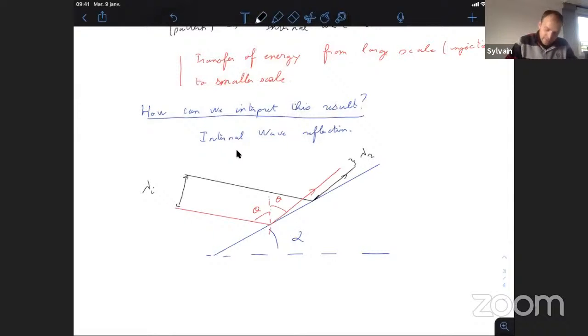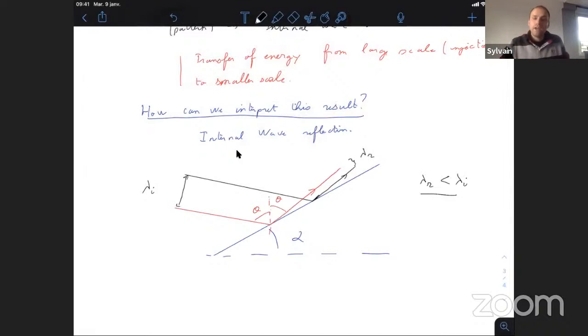What you can see in this geometrical shape is that the wavelength of the reflected wave is smaller than the wavelength of the incident wave. So just by reflection, and it's just geometry, you have a transfer of energy from large scale, which is given by lambda, to smaller scale, which is the reflected wave.